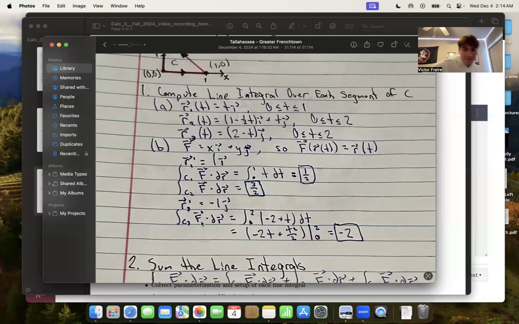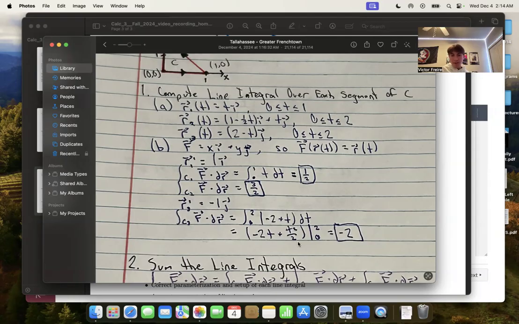So once again, F dot r prime is going to be -1 times 2, which gives -2, and -1 times -t, which gives plus t, from 0 to 2, dt. When we integrate this, we get -2t plus t squared over 2.